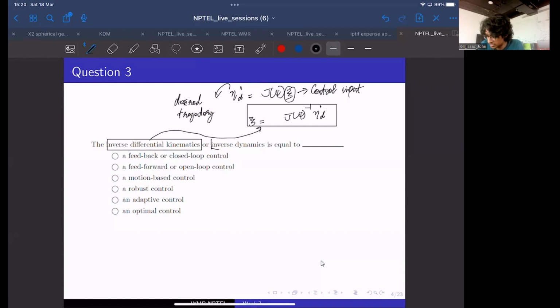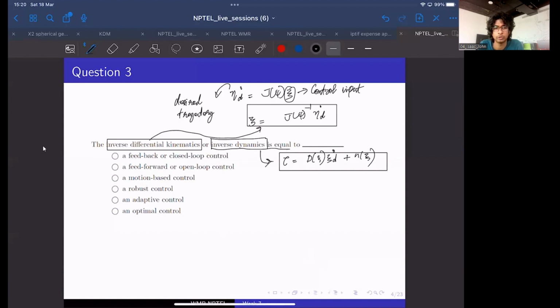And what about inverse dynamics? That is simply tau would be E of theta, theta desired dot plus N of theta. This is inverse dynamics. So the question says whether it is a feedback or closed loop control, it applies to both of these control laws, right?